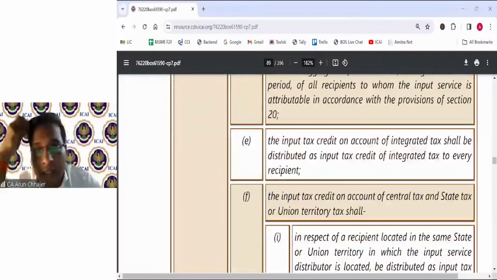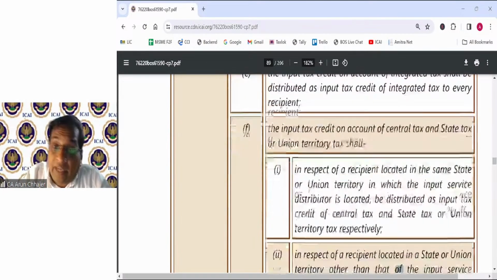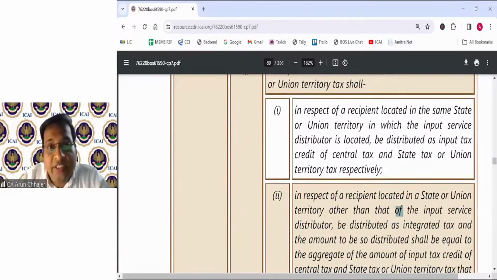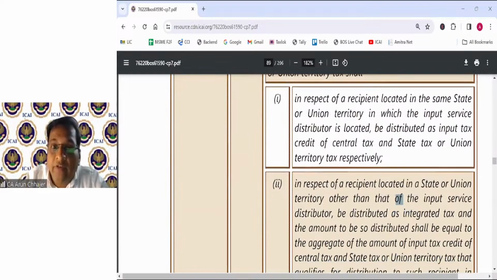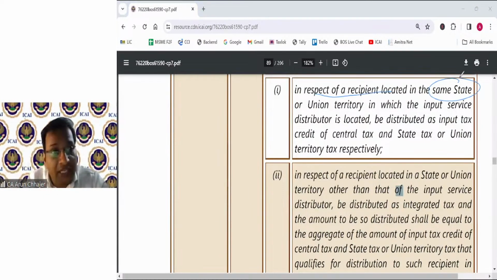Now clause E, the input tax on account of IGST shall be distributed as IGST. But if the input tax is on account of the CGST, SGST or UTGST, shall be distributed in which manner? They are distributed in respect of the recipient. If he is in the same state, then C and S will be transferred as C and S only, as input tax of central tax and state tax.